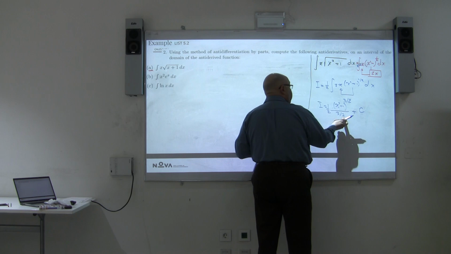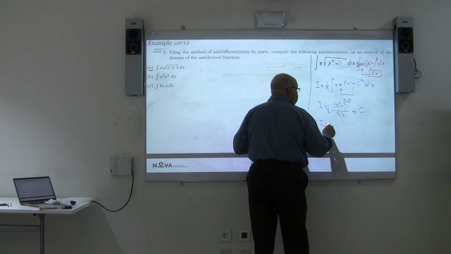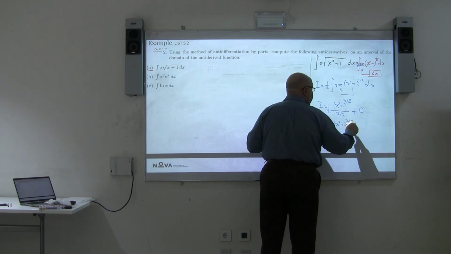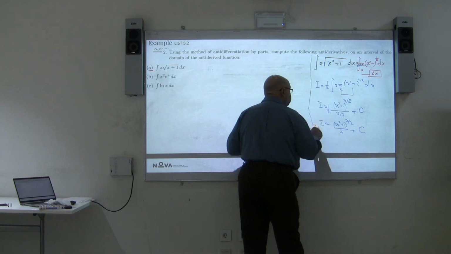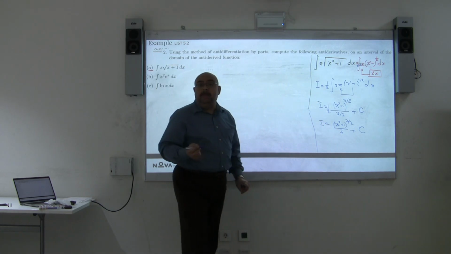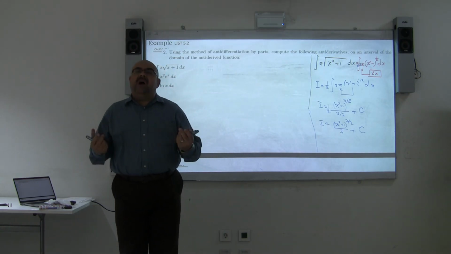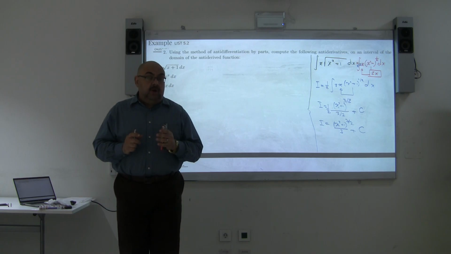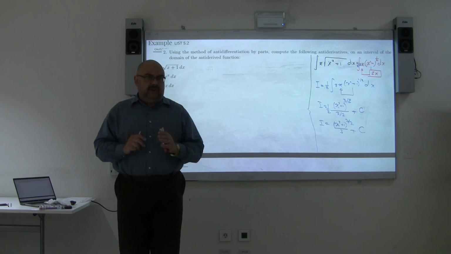Simplifying, knowing that the denominator of a denominator is a numerator, it will simply be (x squared plus 1) to the power of 3 over 2, divided by 3, plus a constant of integration, as you can see. This is really major. Remark how the ideas are integrated together in order to lead you to the right action for solving the problem.